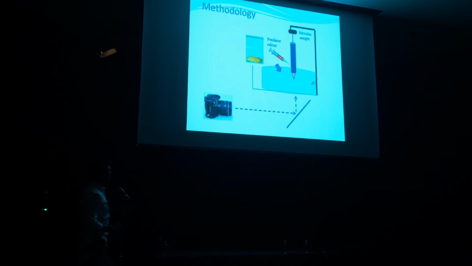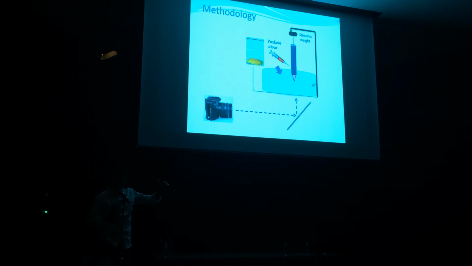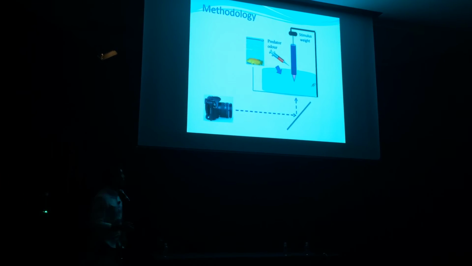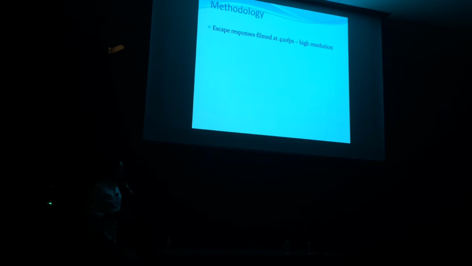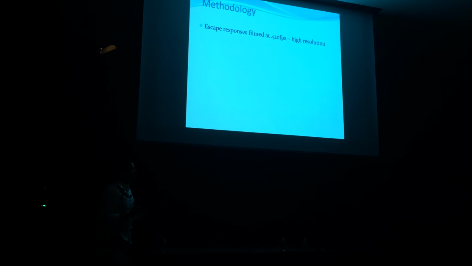Now, all these responses were filmed at high speed using a camera pointed at a mirror, angled at 45 degrees, that gave me an underside view of the fish, so the fish didn't know I was there, which is pretty cool. As I said, all these responses were filmed at high speed at 420 frames per second, and that gave me a very high resolution to tease apart what was happening.